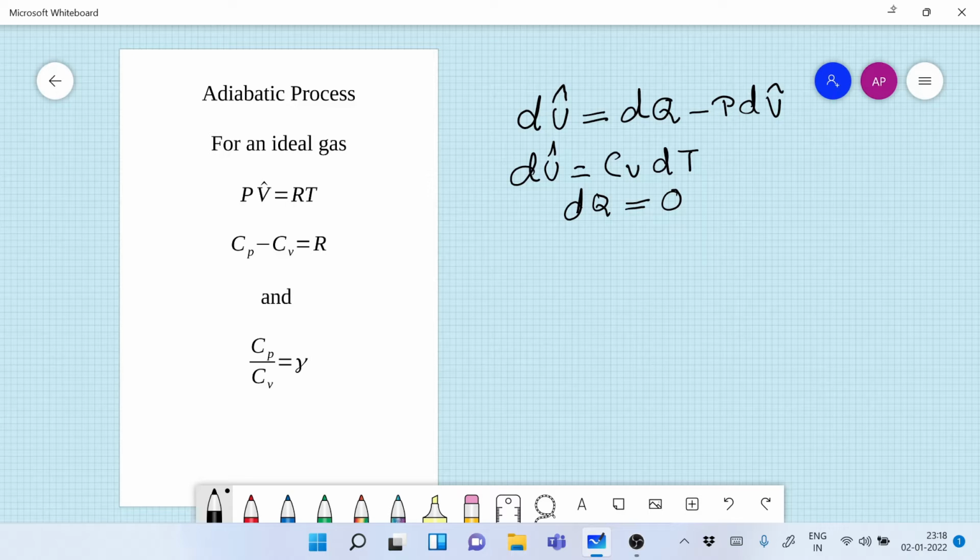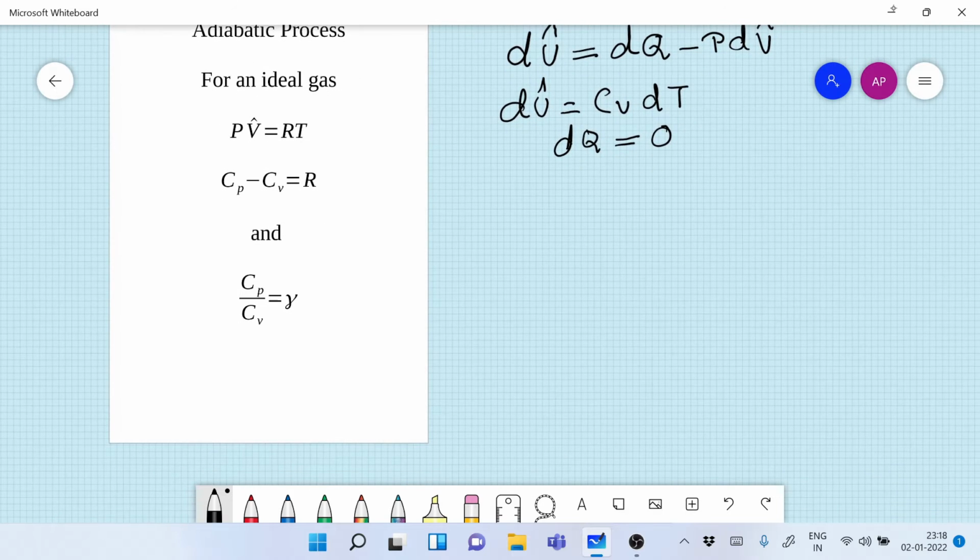Therefore, we have dU equal to Cv dT is equal to minus P dV hat.